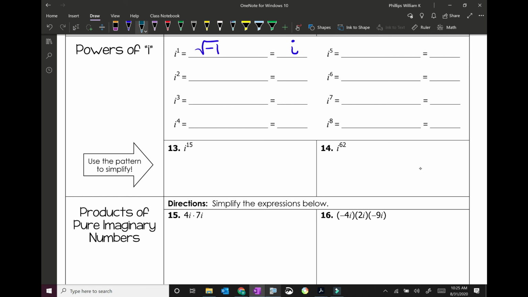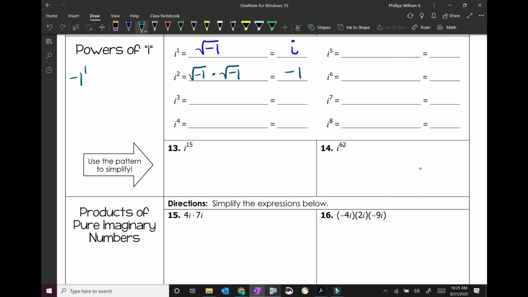So i squared, well, this is going to be the square root of negative 1 times the square root of negative 1. So anytime you multiply a radical times a radical, the radical goes away. So here this solution is just negative 1. You could think about it like this. You could change a radical to a rational exponent.